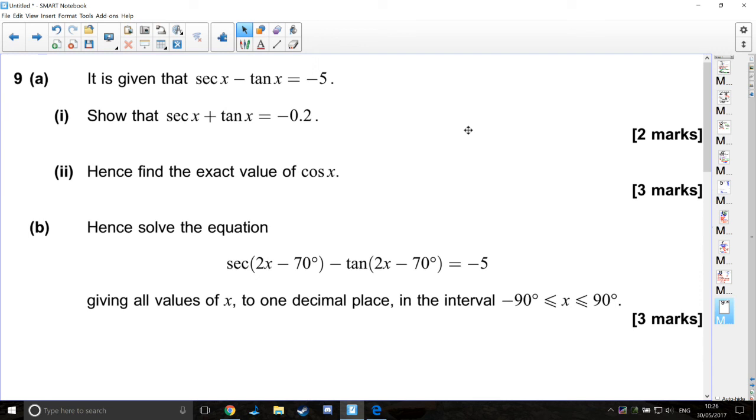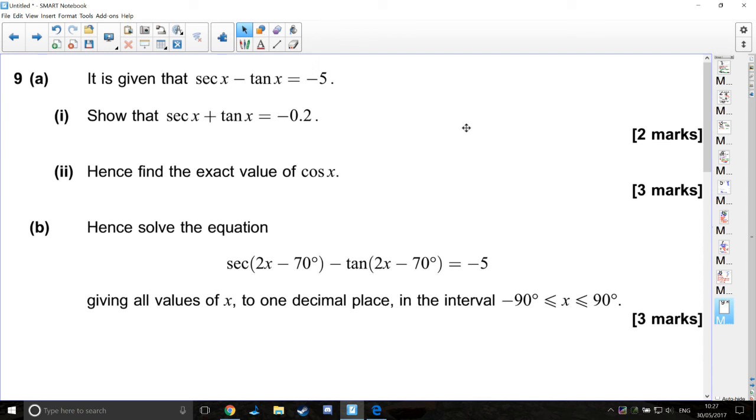That style of question that you can use one of your new fancy trig identities, such as tan squared x plus 1 is sec squared x, to solve it and get some solutions by making this quadratic. This isn't one of those type of questions. This is a bit weirder.